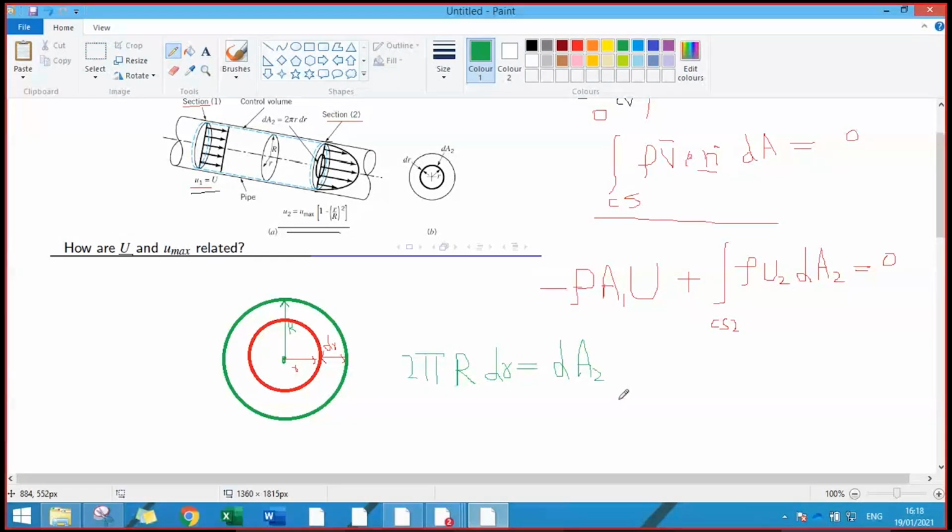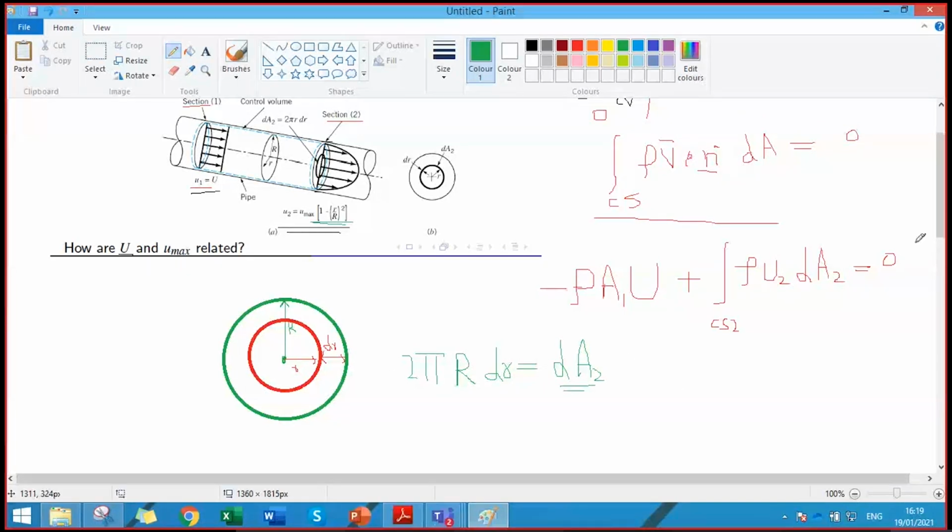So the velocity function given to us is a function of r. Here we can see that U2 is a function of r, and we have also made our area a function of r. So we can now write that minus, because density is a constant in both cases. It's incompressible flow, we can take it to the other side, so we don't need to write it.